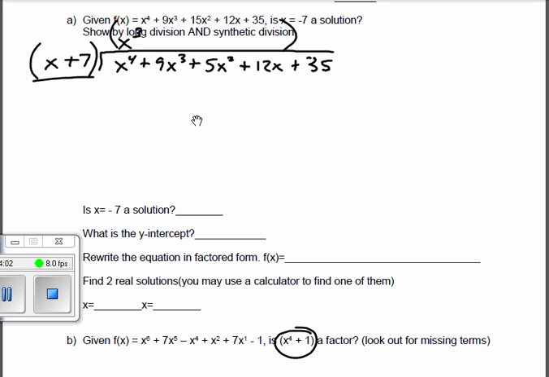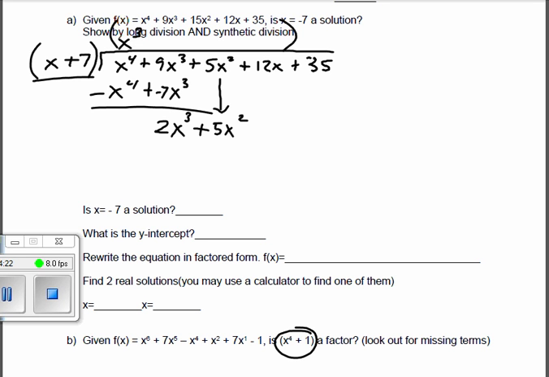All right, so now I'm going to go to x to the 3rd times x is x to the 4th. X to the 3rd times 7 is 7x to the 3rd. I go through, switch the signs on both of them, and this becomes 2x to the 3rd plus 5x squared. Notice I brought that 5x squared down.